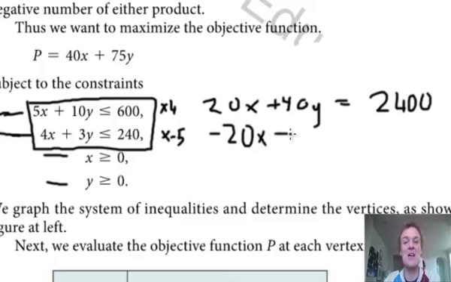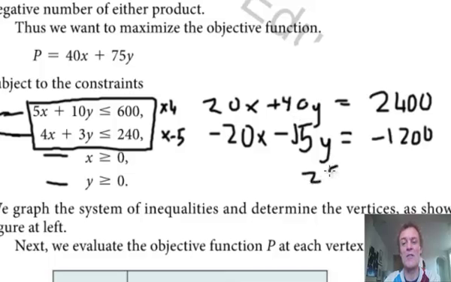That by negative 5, negative 15y. And that by negative 5, 2 to carry, 120. So that is negative 1200. Okay. So I'll end up with 25y equals 1200.